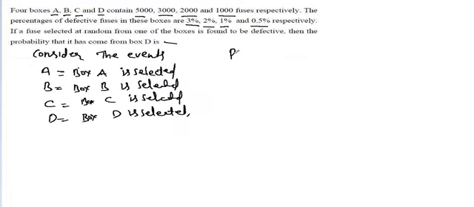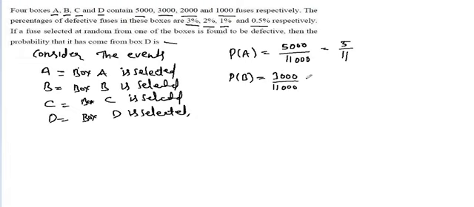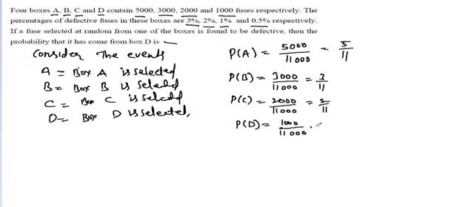Probability of A is equal to 5000 by N of S, the total number of fuses, that is 5000 plus 3000 plus 2000 plus 1000, that is 11,000, so P of A is 5 by 11. P of B is 3000 by 11,000, that is 3 by 11. P of C is 2000 by 11,000, that is 2 by 11. P of D is 1000 by 11,000, that is 1 by 11.